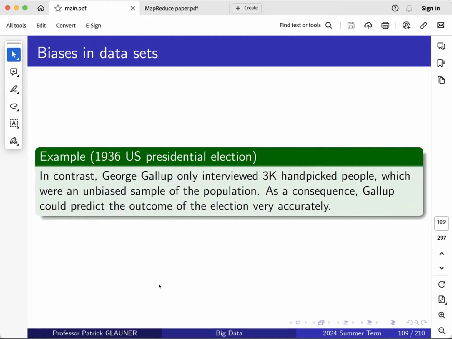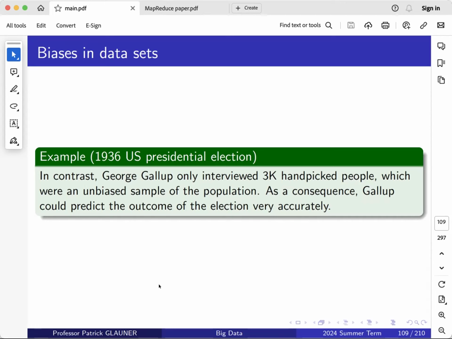And he tried to pick those 3,000 people as unbiased as possible. So he tried to make sure that poor, rich people and people from throughout the whole country with all sorts of different backgrounds were in the sample. And he handpicked them and interviewed them.